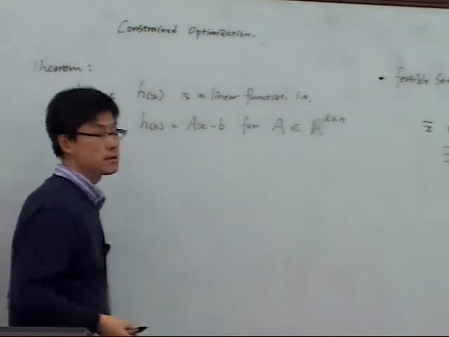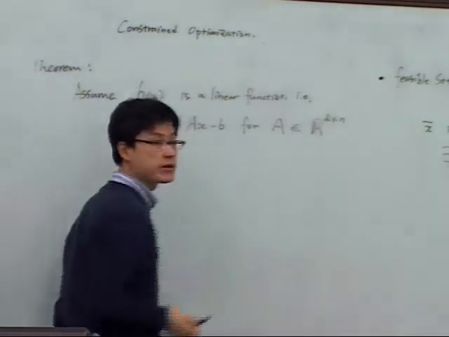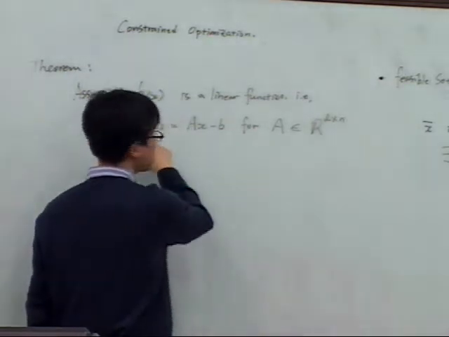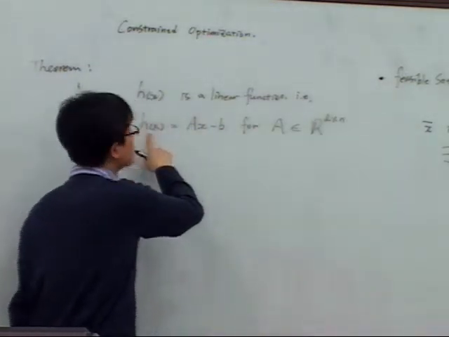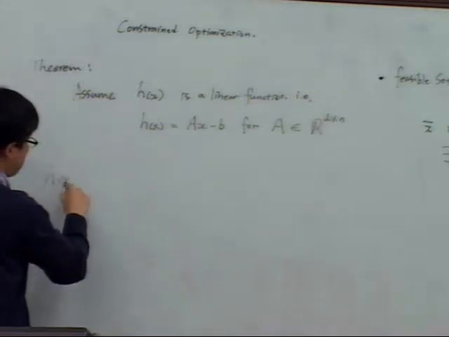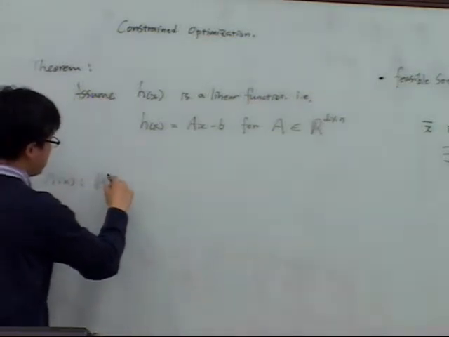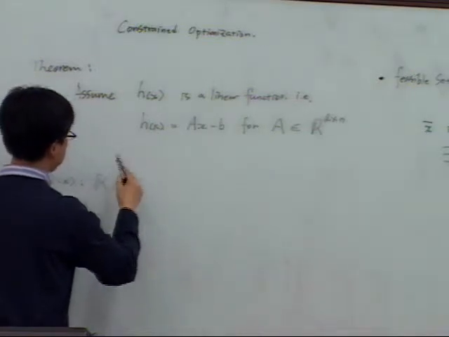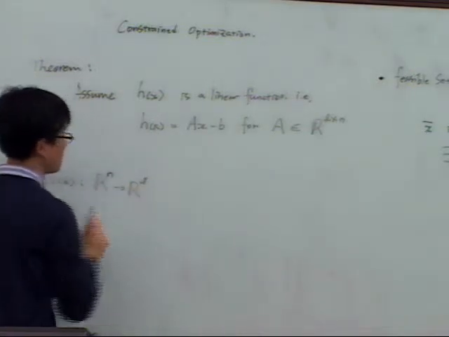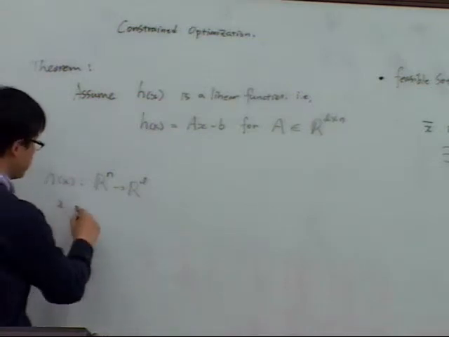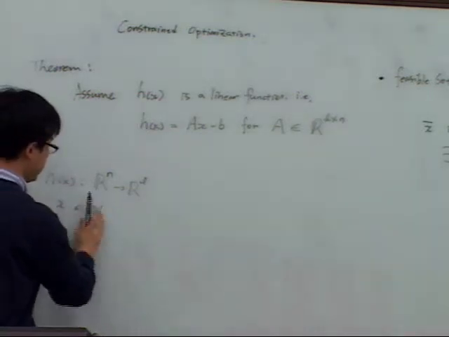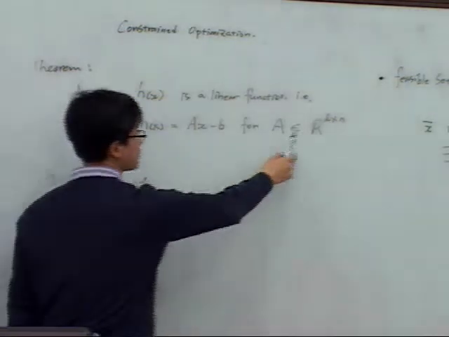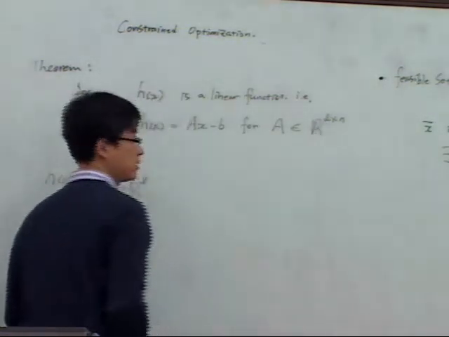Since x is in n-dimensional space and h is, we said, from R^n to R^l, right? And x is in R^n. So A should be in this dimension, right?